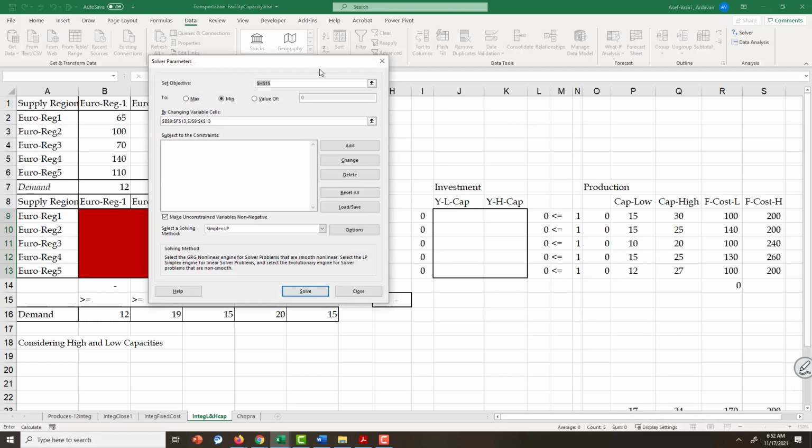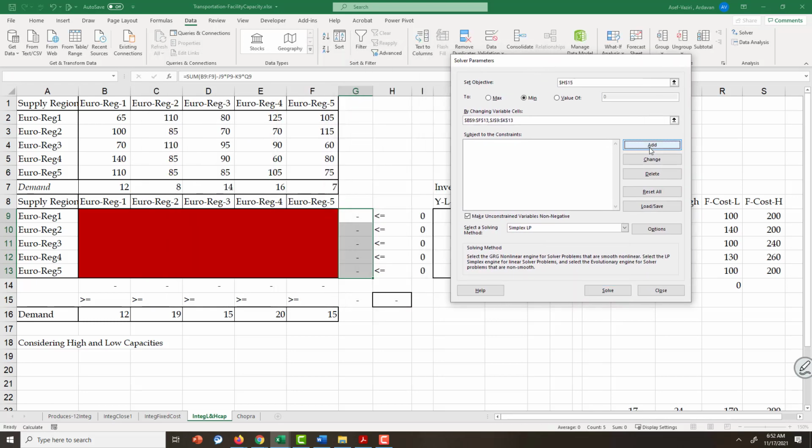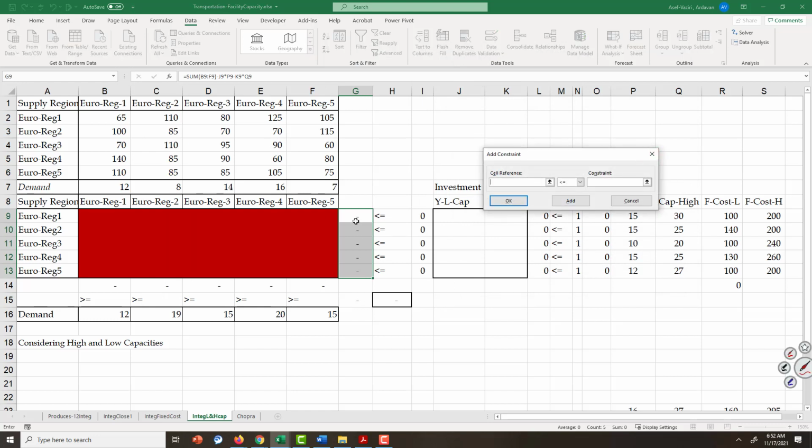Solver. Add: these summations should be less than or equal to 0. And these summations need to be greater than or equal to these numbers.